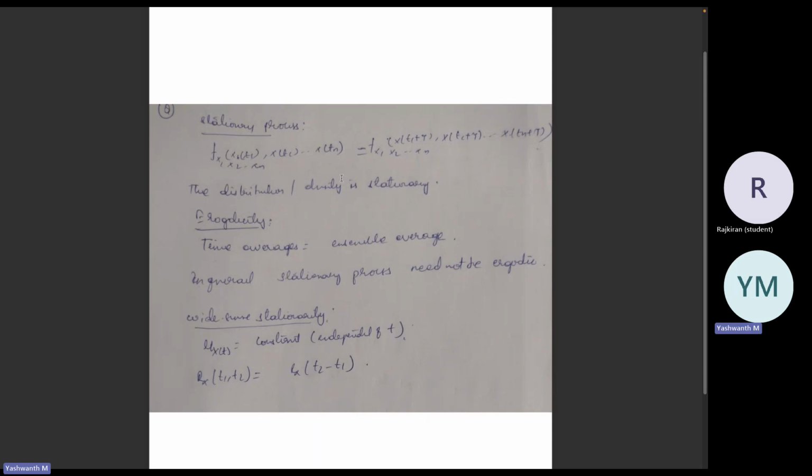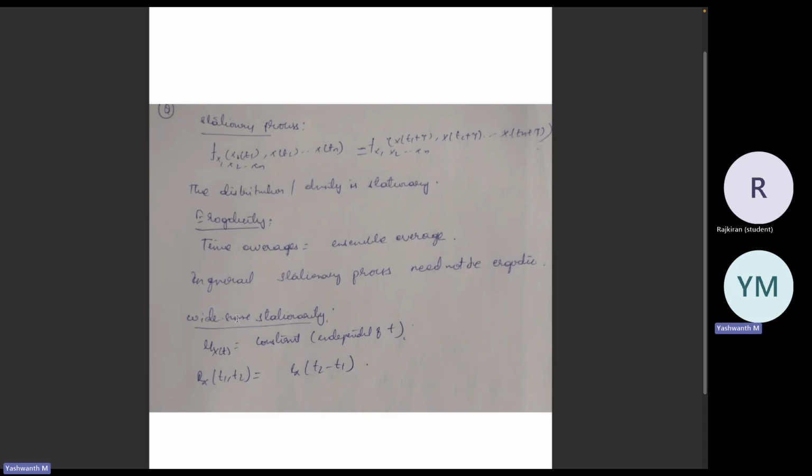That's your time average. And what is the ensemble average? You sample that process at any point of time, then you get a random variable, and you take the average of that. Ergodicity means that time averages should be equal to ensemble averages. So in general, stationarity and ergodicity don't imply each other. They have different properties.